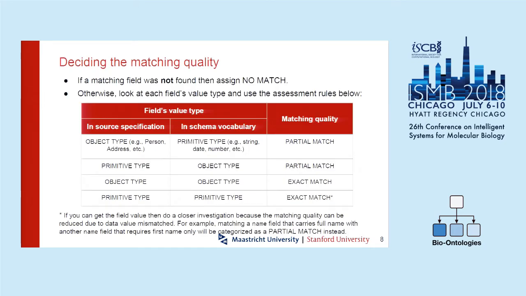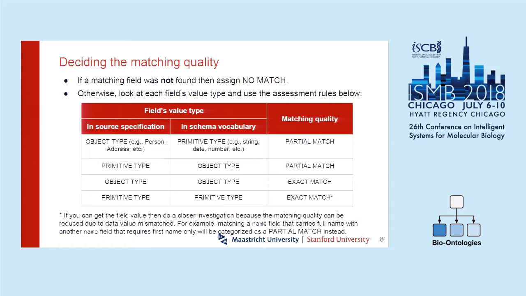So how do we decide the matching quality? If there's no matching field, then we categorize it as no match. It's pretty straightforward. Otherwise, if there is a match, we look at the field's value type, and do this assessment using this table. We categorize data into two types: object type and primitive type.